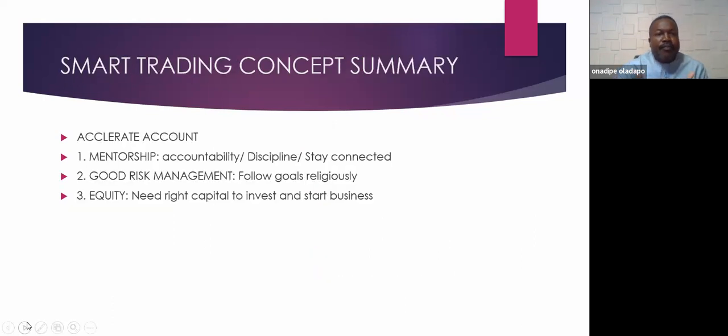So for you to be a smart trader, going through the smart trading concepts, for you to be able to accelerate your account, there are 3 things I recommend. One is that you get a mentor. Put mentor on that chart.